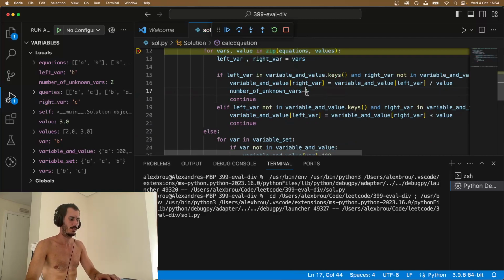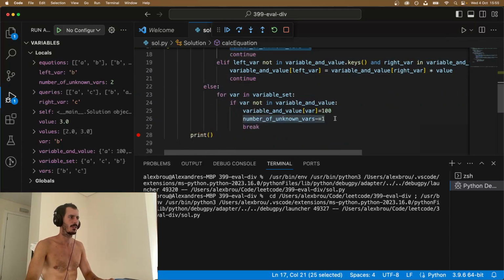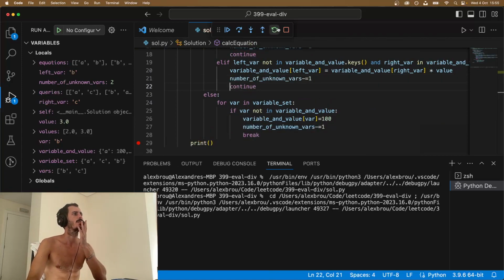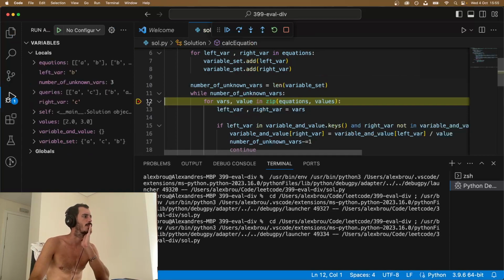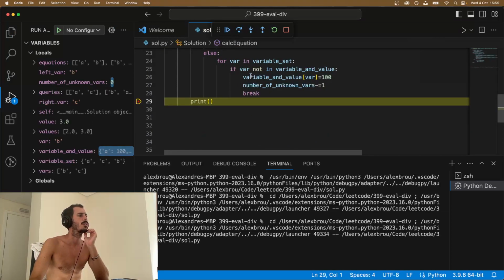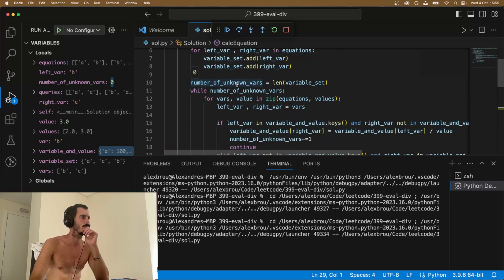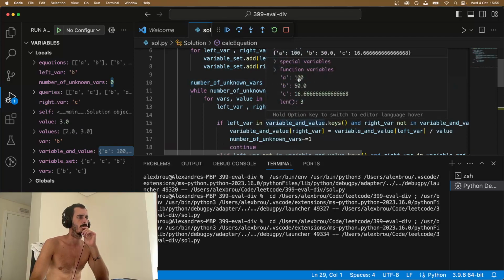Minus equals 1. And the same thing here. Yep, number of known variables 0, variables and values. Cool.